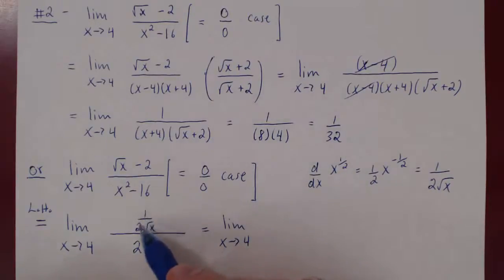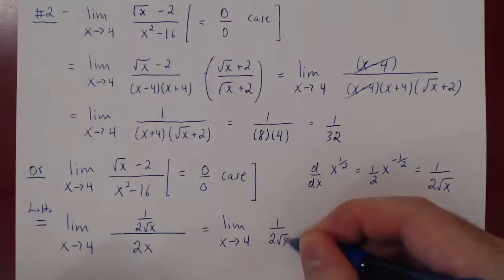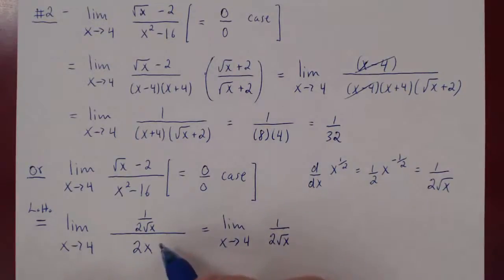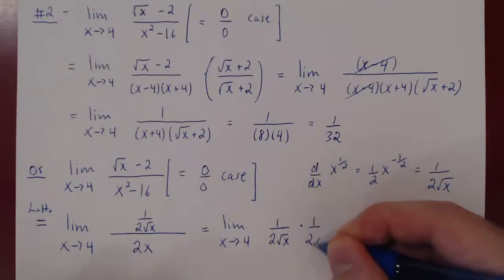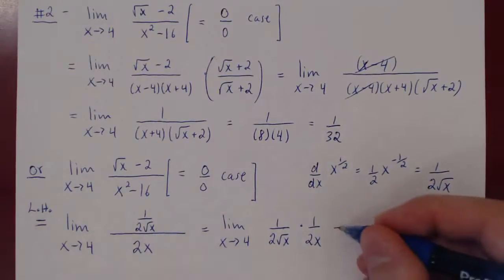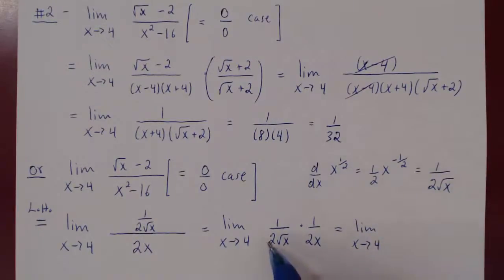If you divide 1 over 2 root of x by 2x, that's the same as multiplying by the reciprocal. Therefore, dividing by 2x is the same as multiplying by 1 over 2x, which we can simplify as, well, 2 times 2 is 4. So we have 4x root of x.